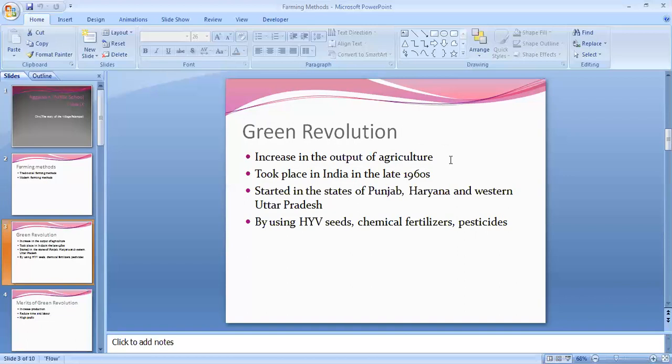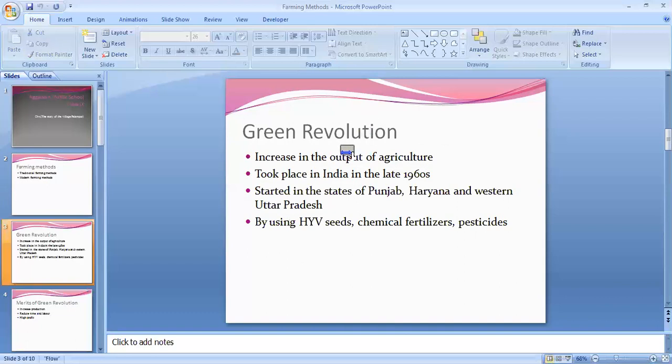It means production of the crops has increased, which results in the Green Revolution. So Green Revolution means increasing the production of crops by using modern farming methods.